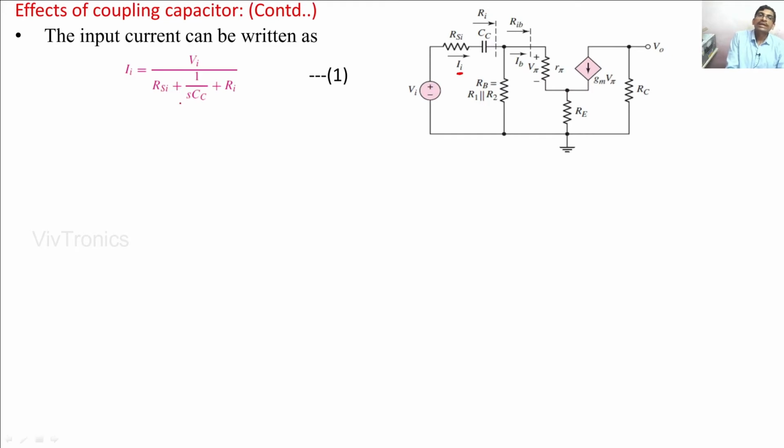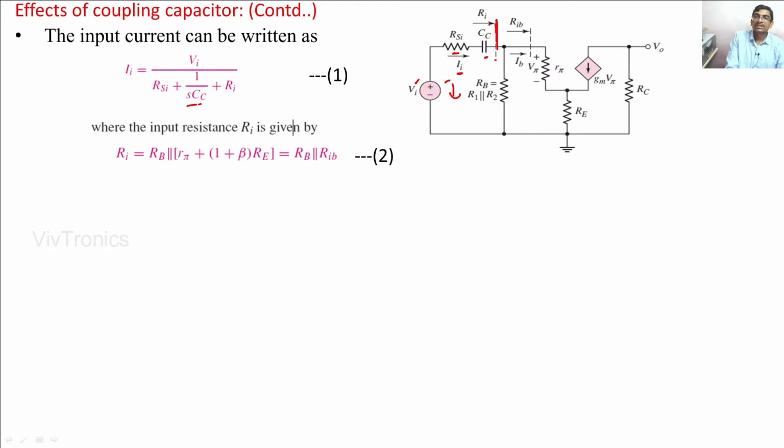First, we are going to calculate the input current, which can be written as I is equal to V by R. Here, the input voltage is nothing but Vi, divided by the resistance in this loop. So, the resistances in this loop are RS, which is one resistance, and the reactance of this coupling capacitor Cc, which is 1 by S into Cc, plus the total input impedance of our circuit, which can be treated as Ri, that is the input resistance of the circuit mentioned here.